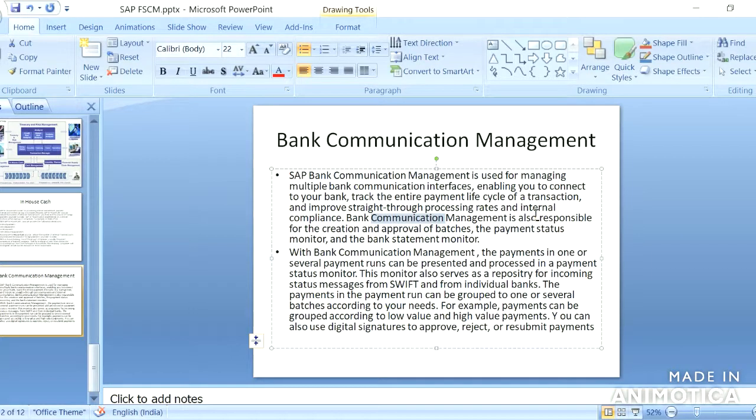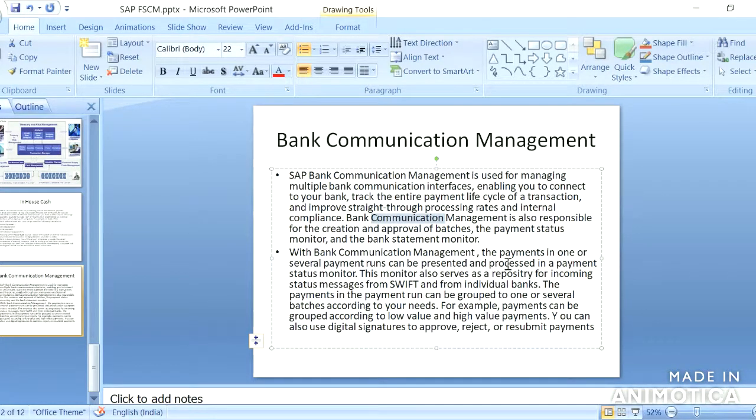This module helps in monitoring the payment life cycle, what all got rejected, what the status is, and when it will be paid. Each and every step will be monitored. Bank communication management is also responsible for the creation and approval of batches, the payment status monitor and the bank statement monitor.